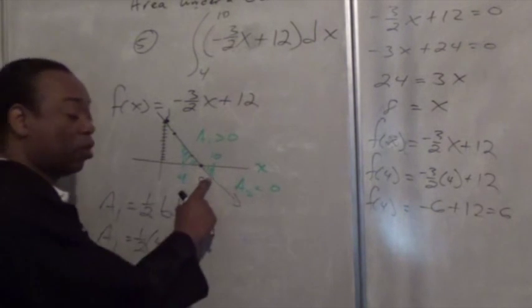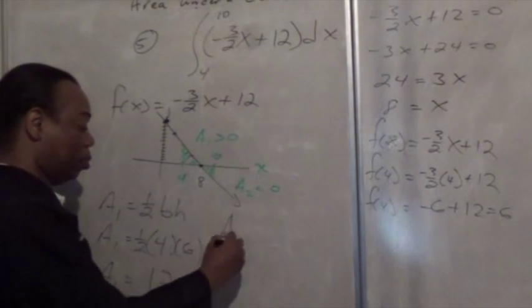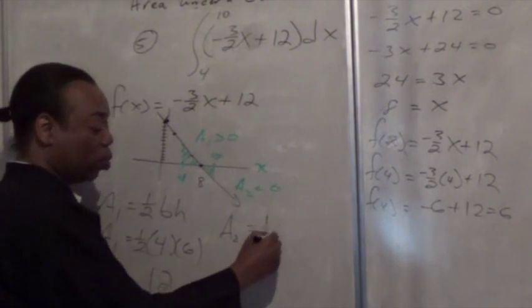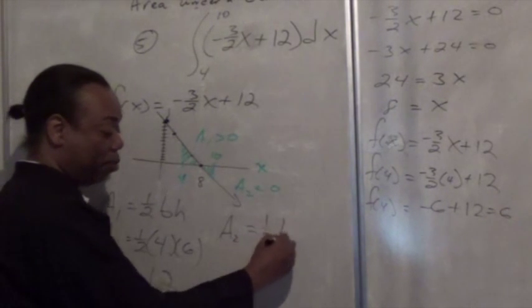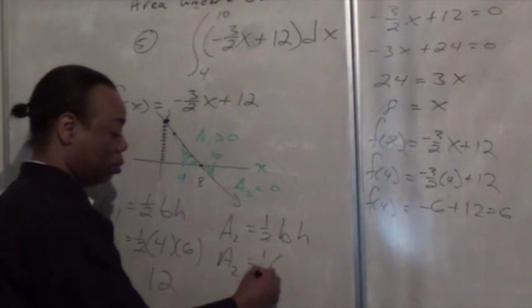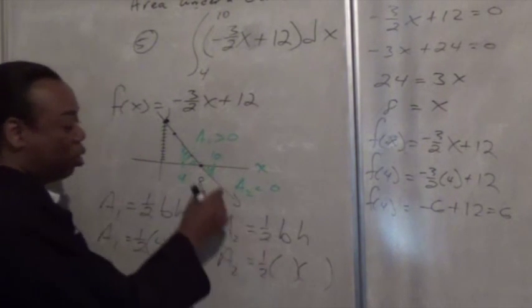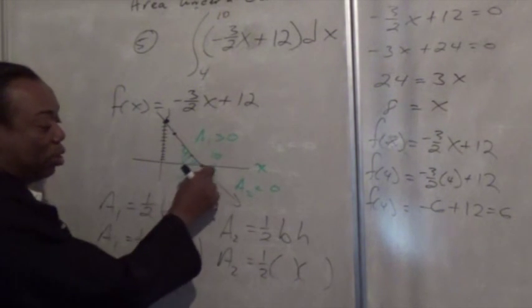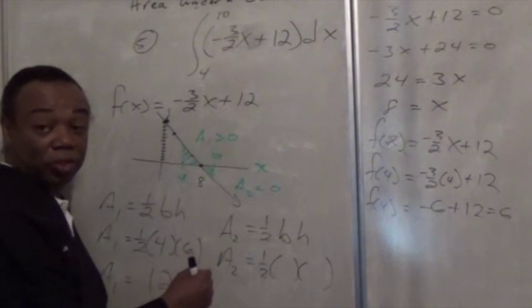Now let's find the second area here, which will be, the formula will be 1/2 base times height. The base of this triangle is from 8 to 10. The difference is 2.